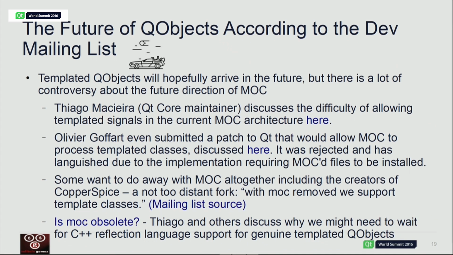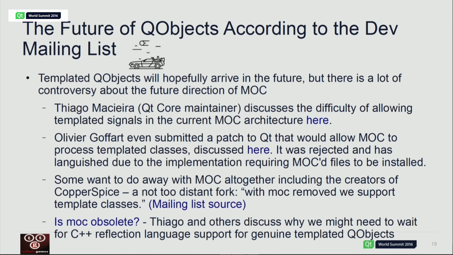This presentation and all presentations is going to be on the web, so you can follow all these links, but these are just links and brief discussions of what has been going on in the dev mailing list in the last couple of years.